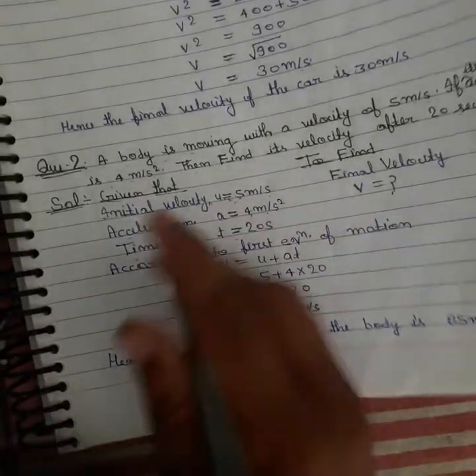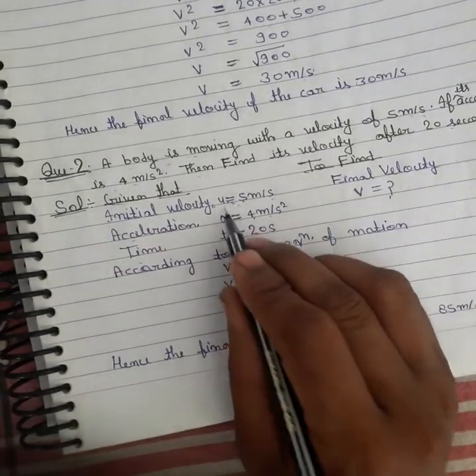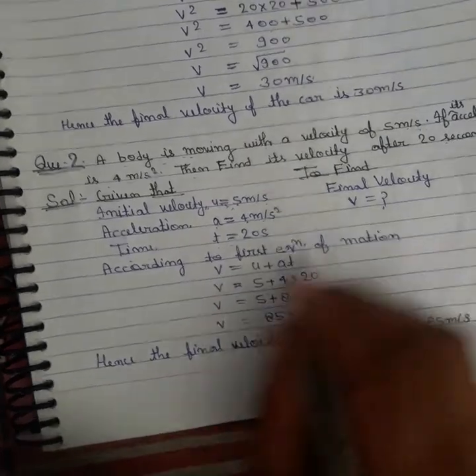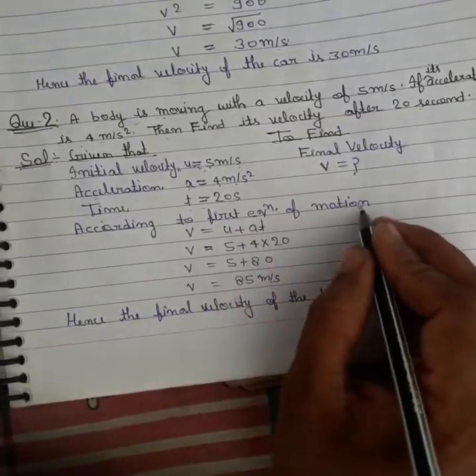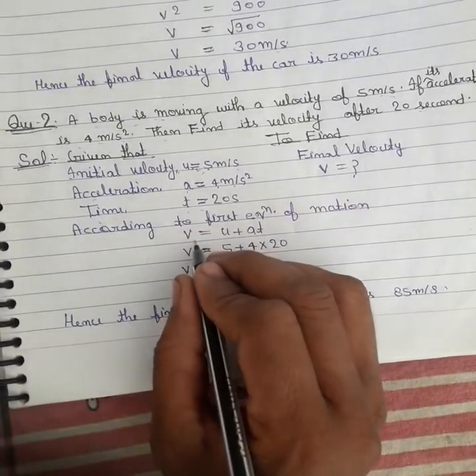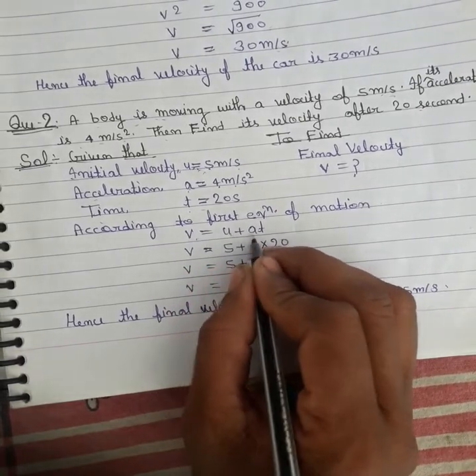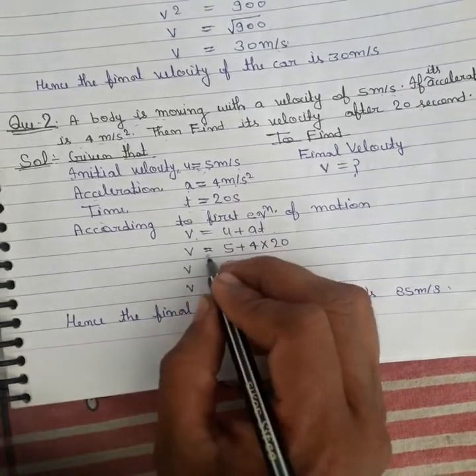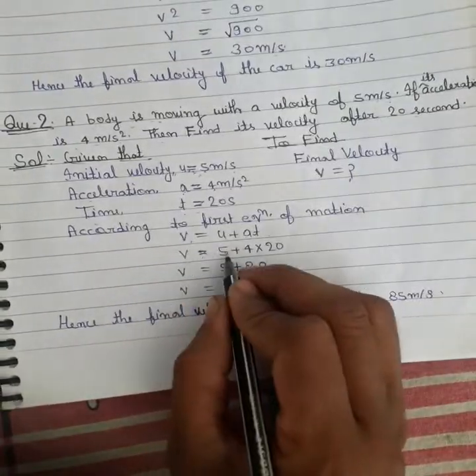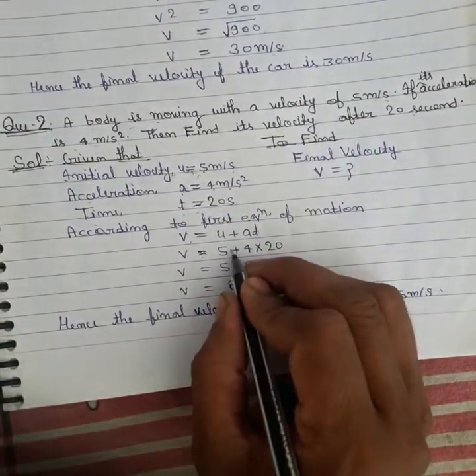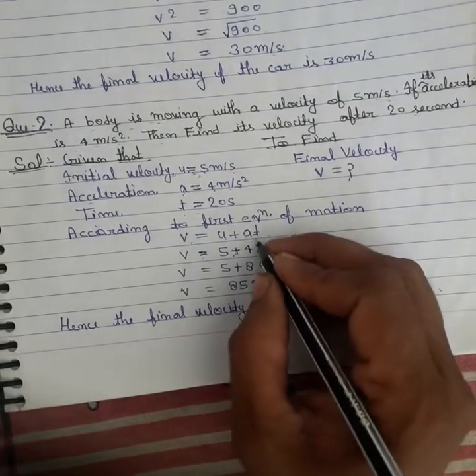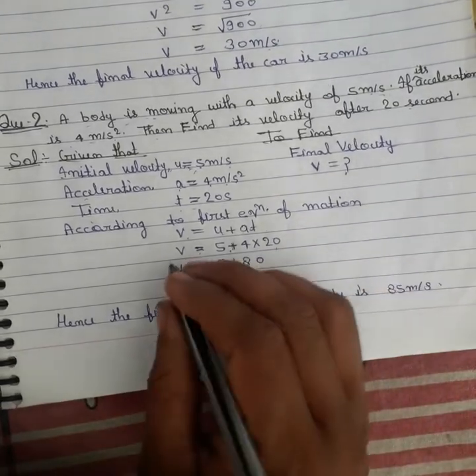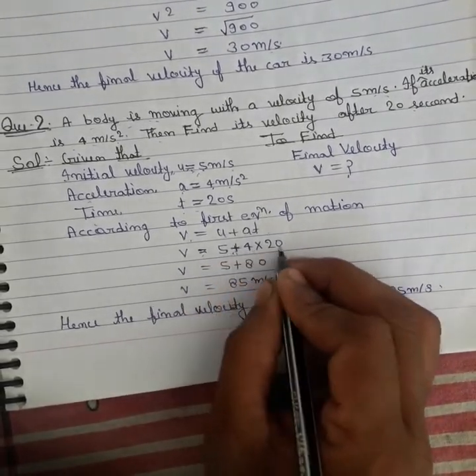Since u, a, t and v are being used, we use the first equation of motion, which is v equal u plus at. Putting all these given values, v equal to u is 5 plus a is 4 and t is 20. v equal to 5 plus 4 into 20.